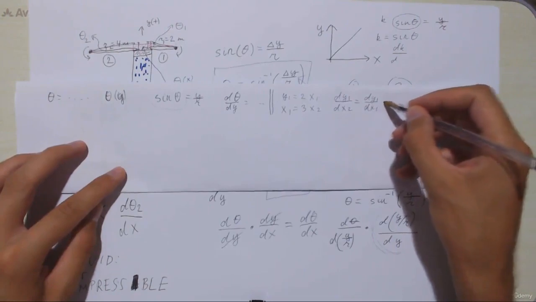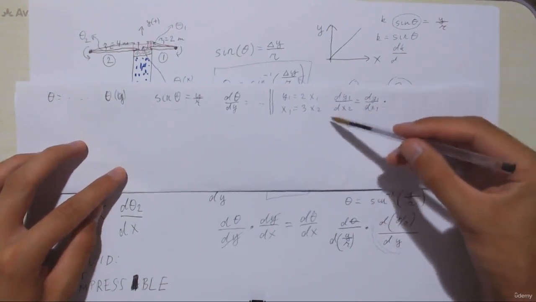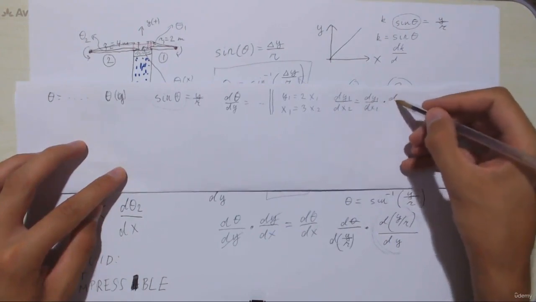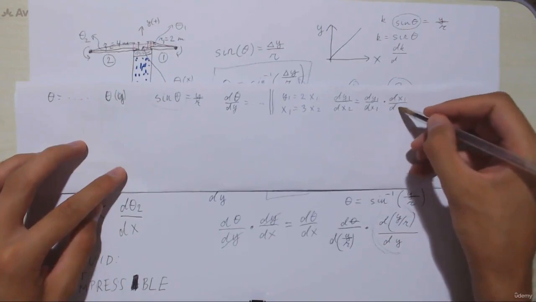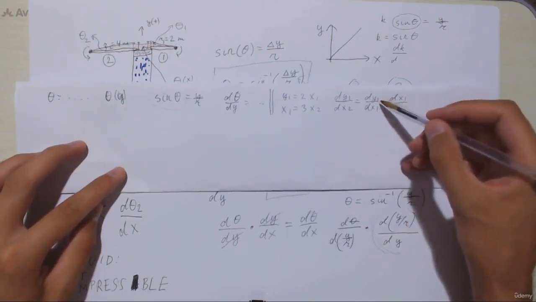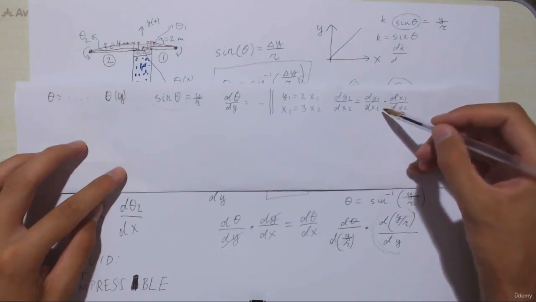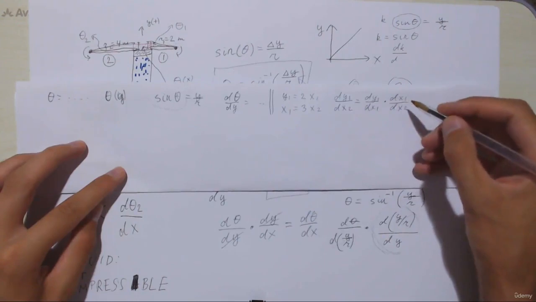dx1 times, and now I'm going to find out how x1 changes with respect to x2. So dx1 with respect to dx2. If I find dy1 with respect to dx1, well, it would be 2.